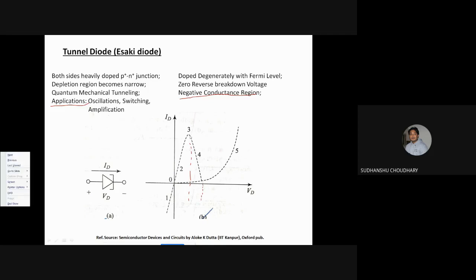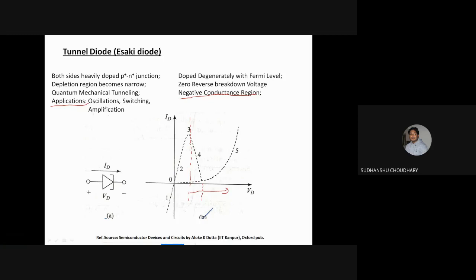Why this current falls down, we will understand. But let us accept for now that for some time the current increases, and then if the bias is increased further in this range, the current starts falling down. And then after this, the current again starts increasing.